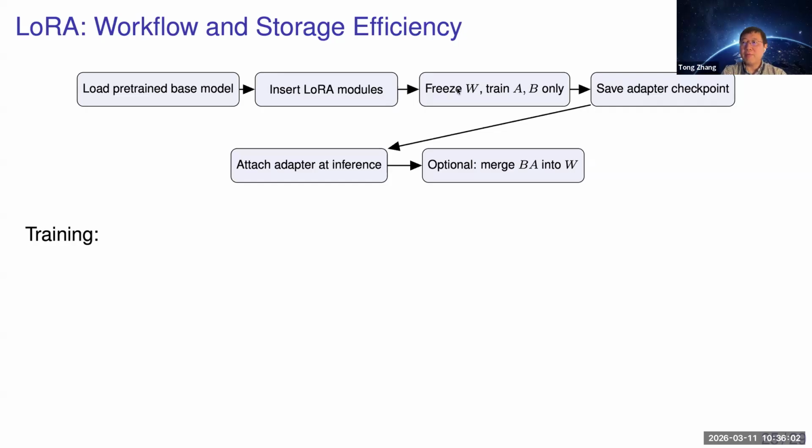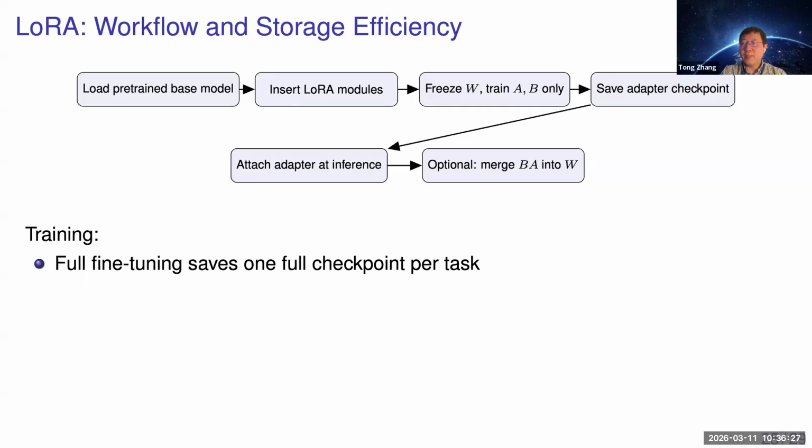Once you have the original checkpoint and an adapter checkpoint, you can get back your original matrix. At inference time, if you merge these two, there's no further penalty. So in training you do a full training, and you only need to save a small matrix once you are done, because you just need the adapter.